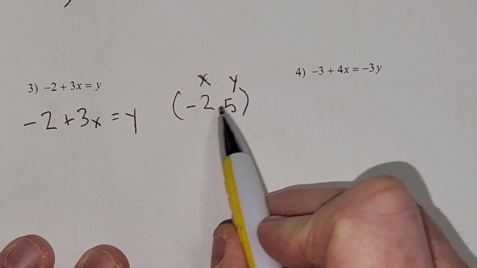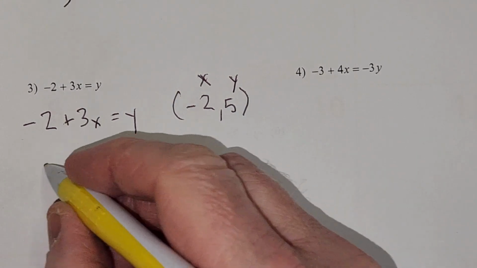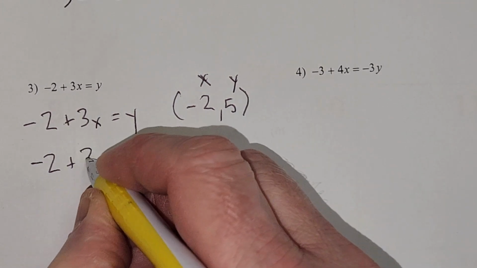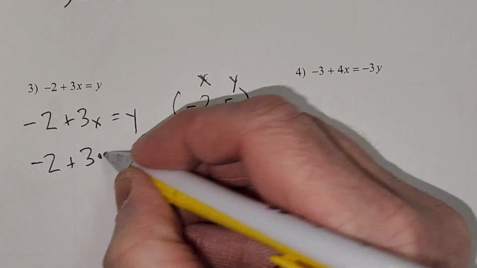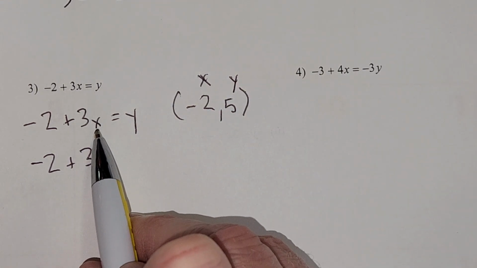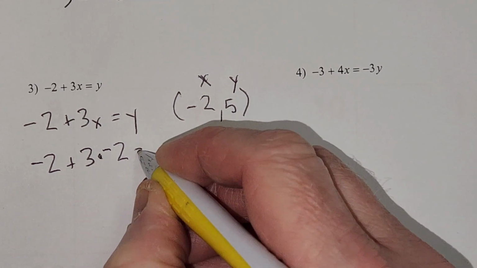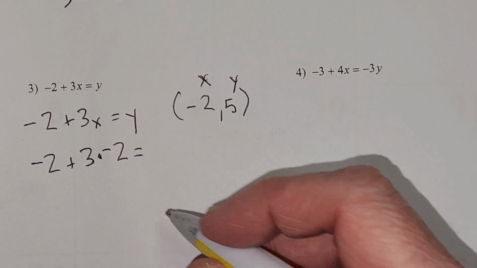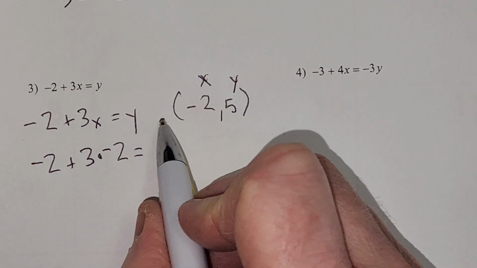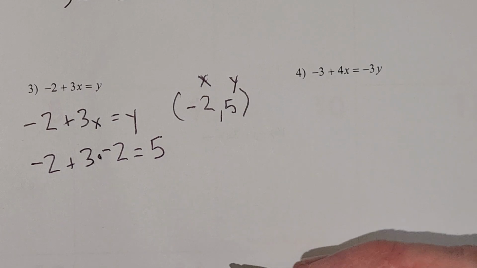So x is -2, y is 5. So over here we've got -2 plus 3 times, because we know that that means times, not x, the x value is -2, and we want to see if that equals the y value, 5.